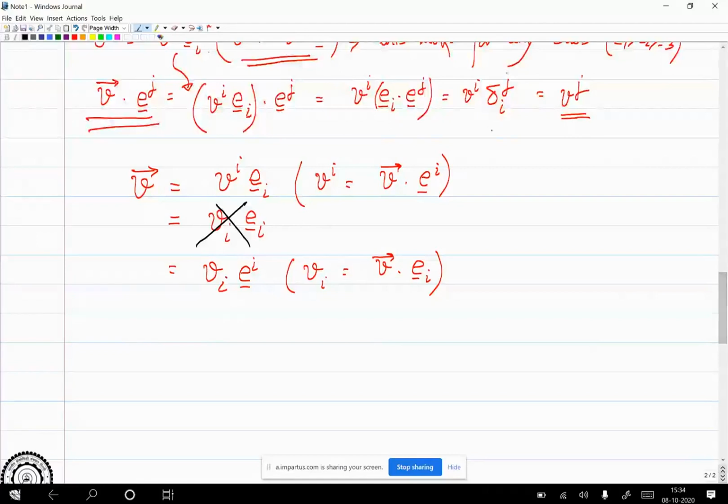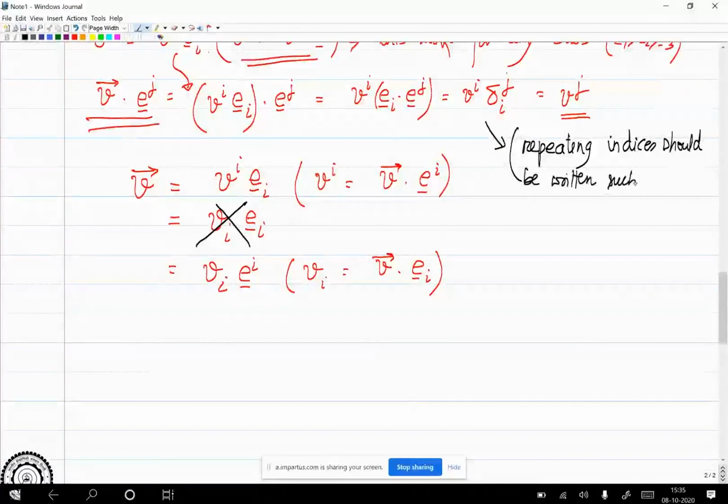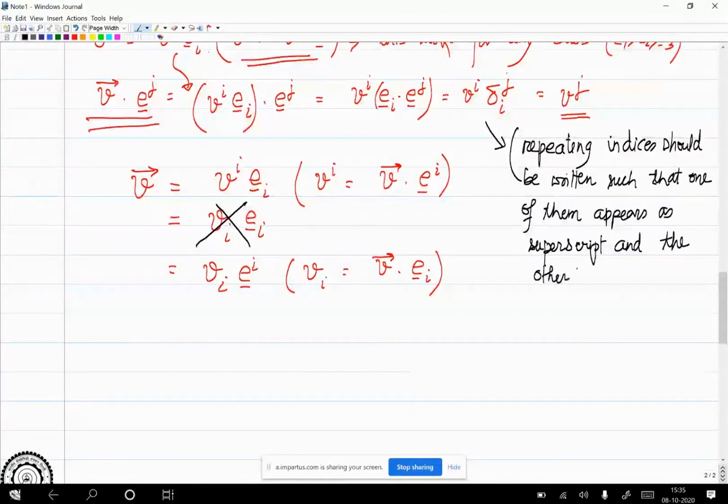So let me make that remark here. That was a very good question. So repeating indices should be written such that one of them appears as superscript and the other one as subscript.